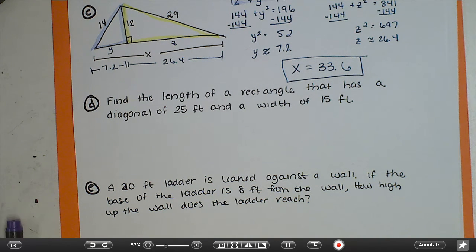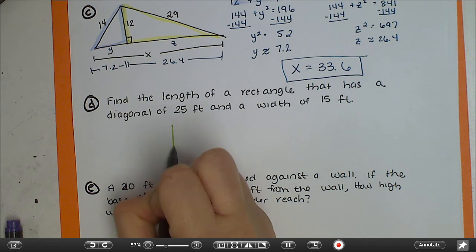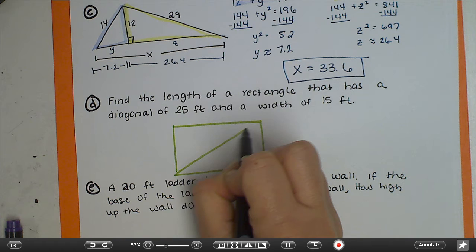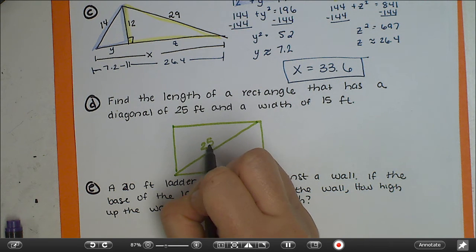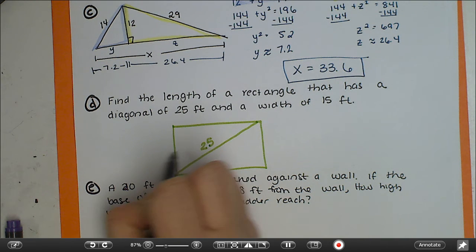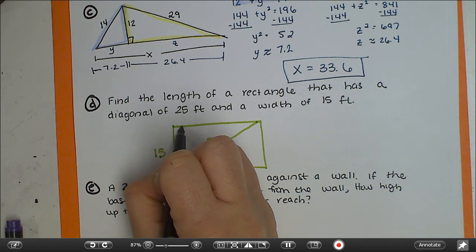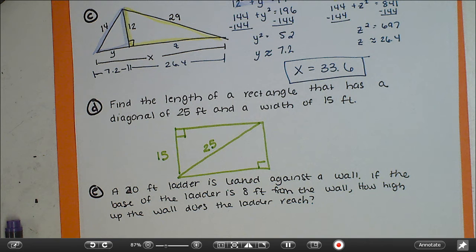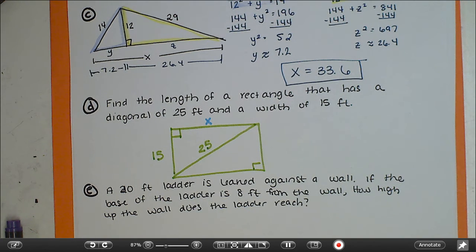Find the length of a rectangle. So we're going to draw ourselves a little rectangle with a diagonal of 25 feet and a width, and it really doesn't matter which one, of 15 feet. Now we know that rectangles have 4 right angles, so we already know that we have a right triangle. We want to find the missing side.